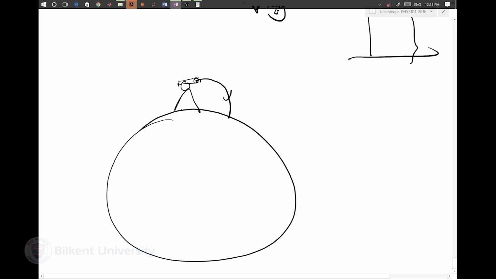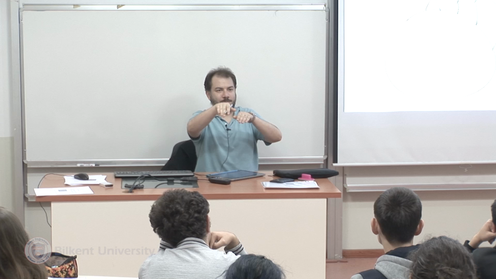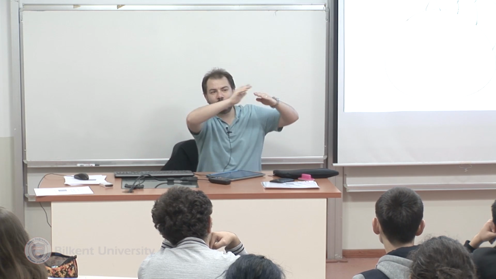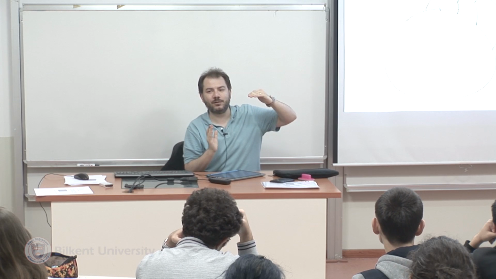But if I fire it with more velocity, it will fall, but it will actually land further because Earth is curving. If I give it more velocity, it will go even longer because Earth curves down so much.